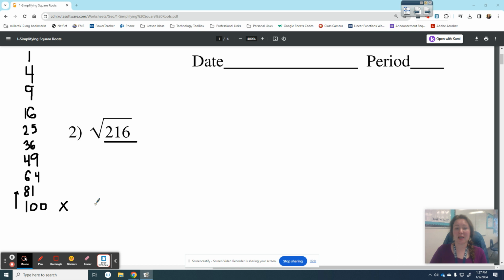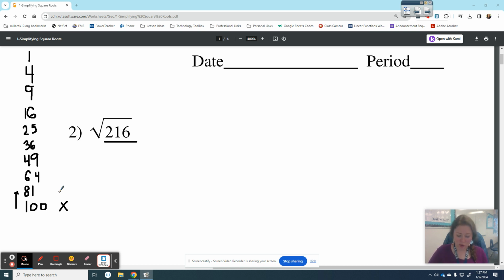Now I'll pause here and say, some of these you might be able to just tell, depending on how comfortable or familiar you are with numbers. You might be able to tell, well, obviously, Ms. Freeman, dividing by 100 is not going to give you a whole number. That's great, good for you. I'm just going to walk through the whole process, but if you're able to sometimes skip something like dividing by 100 because you know it doesn't work, that's fine. But divided by 100 was a decimal, so that's no good.